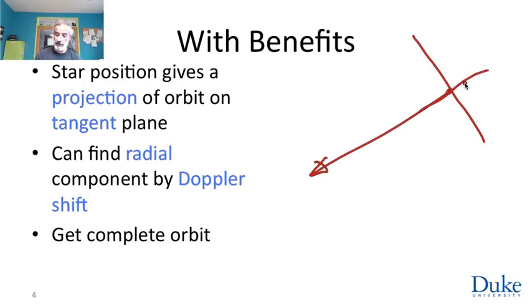Doppler shifts give us a measurement in this direction. The astrometry, where we take the distance and the angle and convert it to distance over here with the small angle formula, gives us the projection of the orbit on the tangent plane. We can actually produce the orbit of the planets, and in particular we can measure the orbit of the stars, and we can then measure semi-major axes and certainly periods.